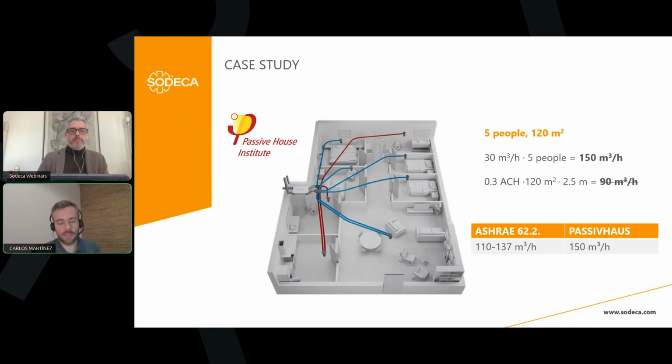So we will use the more restrictive, and in comparison with ASHRAE, you could see that we are increasing a little bit the ventilation rate, and we are increasing, of course, the indoor quality because we are able to dilute the pollutants more. Okay.